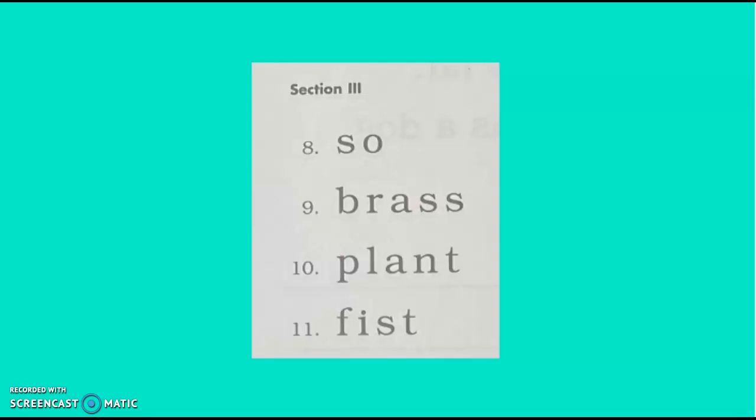Number 9, brass. Br, a, s. Number 10, plant. Pl, a, nt.